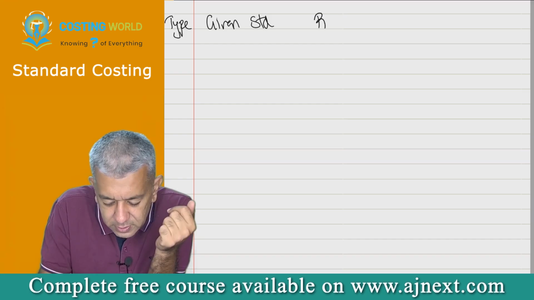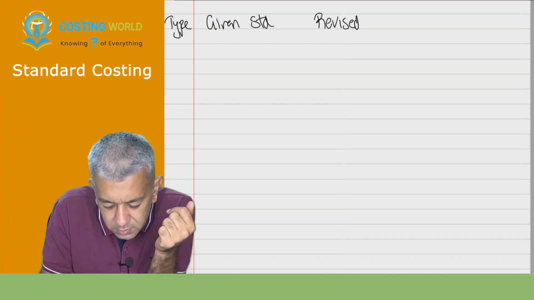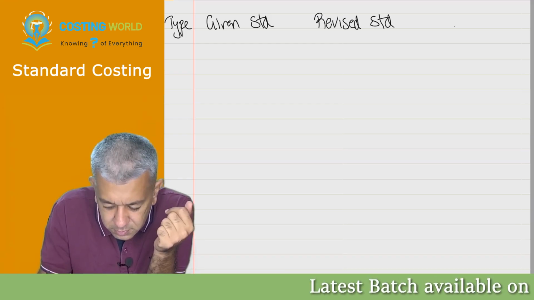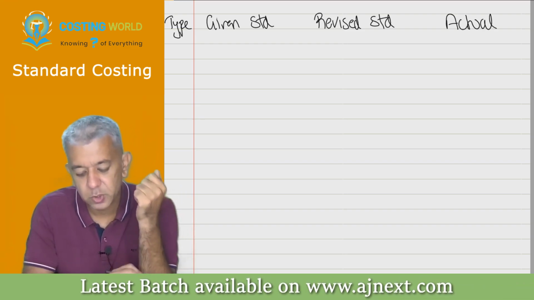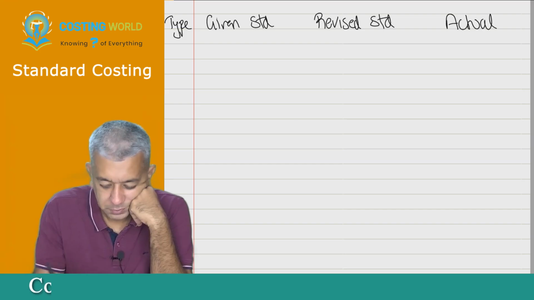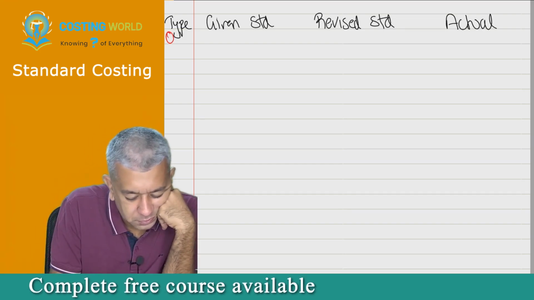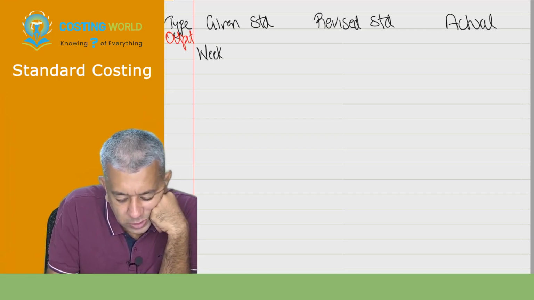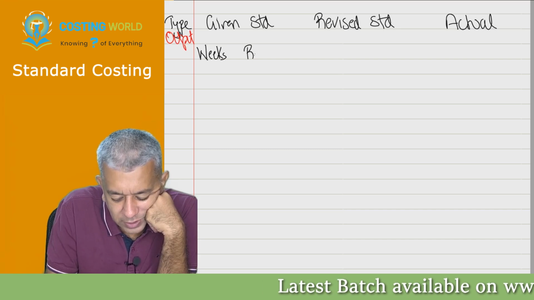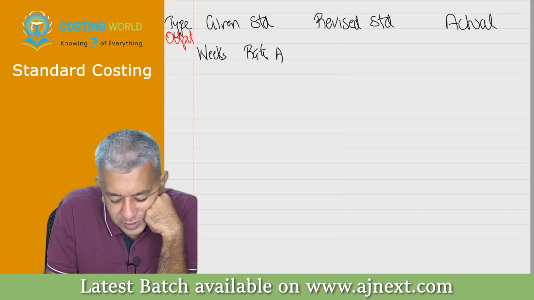Given standard, revised standard, actual. In this case, instead of hours, rate, amount, we are going to have weeks, rate, amount.